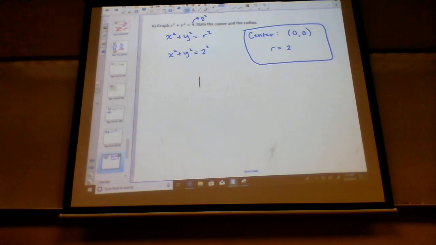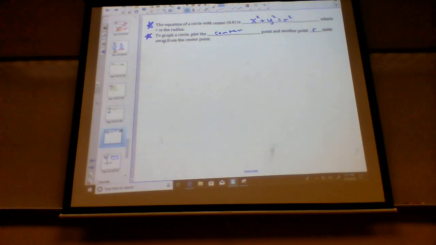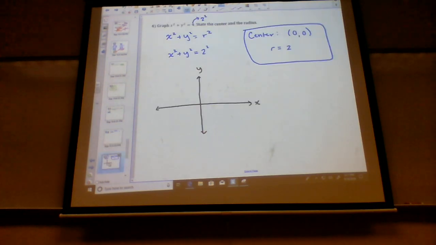They're going to give you a y-axis and an x-axis, of course. Okay, so make sure you're drawing this. This is the x-axis and this is the y-axis. So like I said right here, in the second bullet point, it says to graph a circle, plot the center point. So that's what I'm going to do. The center point is 0, 0, so I'm going to plot 0, 0.